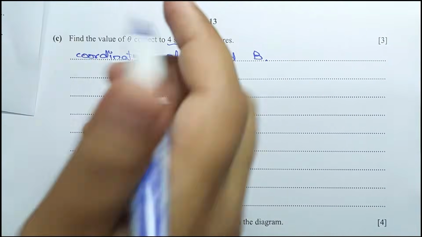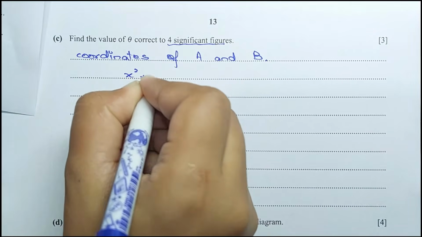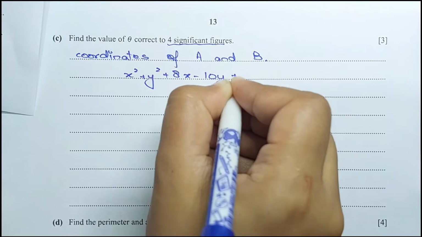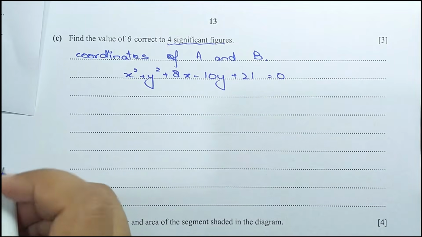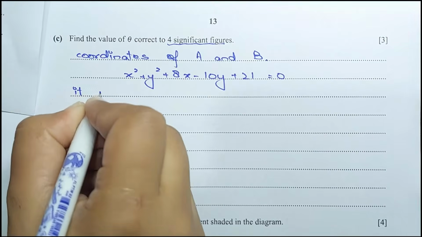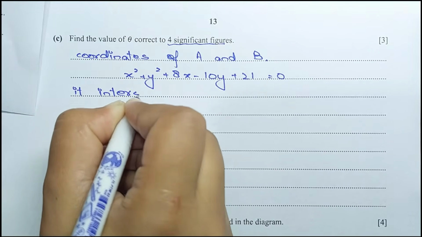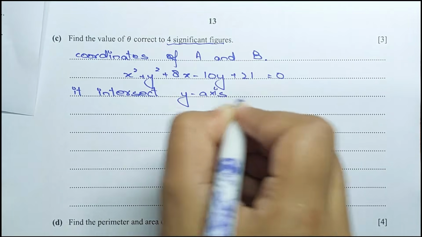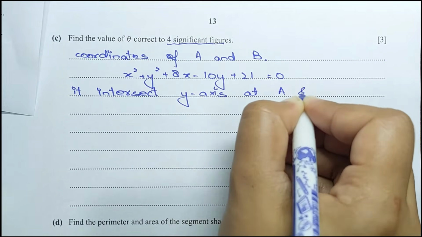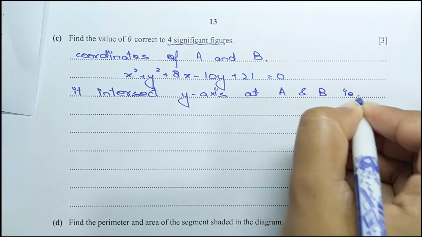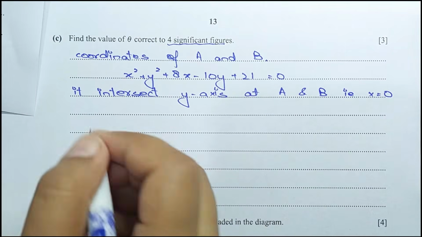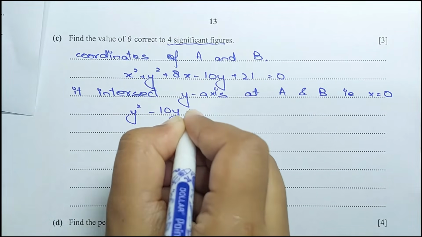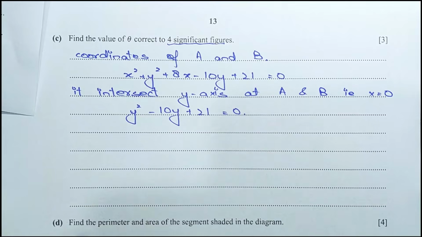Let me write down the equation of the circle: x square plus y square plus 8x minus 10y plus 21 equals 0. It intersects the y-axis at A and B, that is, x equals 0. So with x as 0, y square minus 10y plus 21 equals 0.